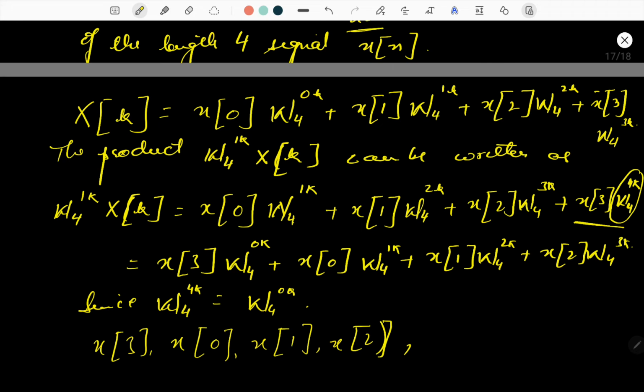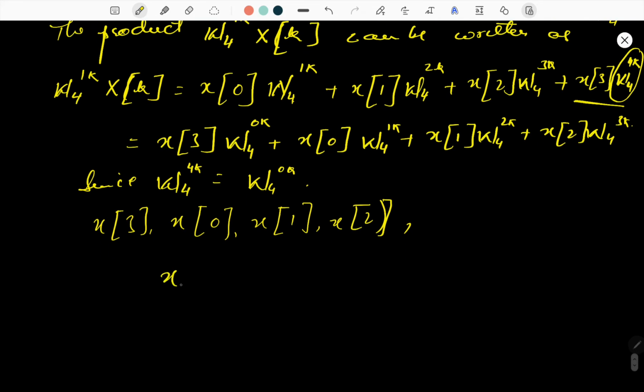This is the sequence x[n] circularly shifted by one sample.